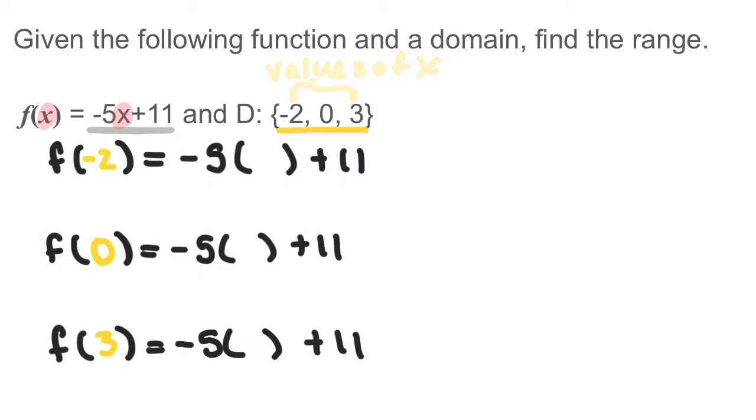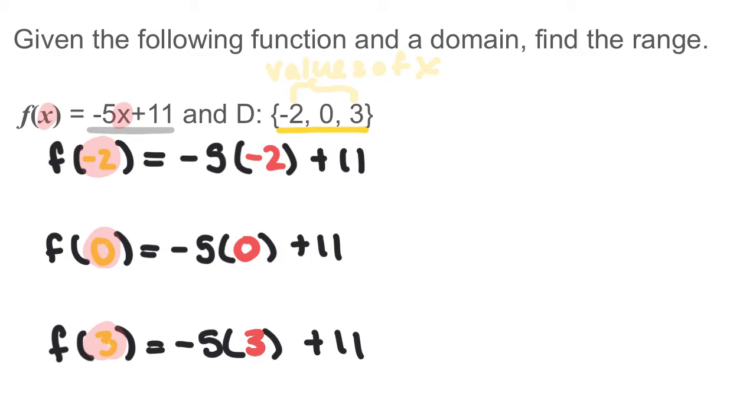And then I'm just evaluating it for whatever value is given. For the first one, I'm filling in a negative 2. The next one, I'd be filling in a 0. And the last one, I'm filling in a 3.